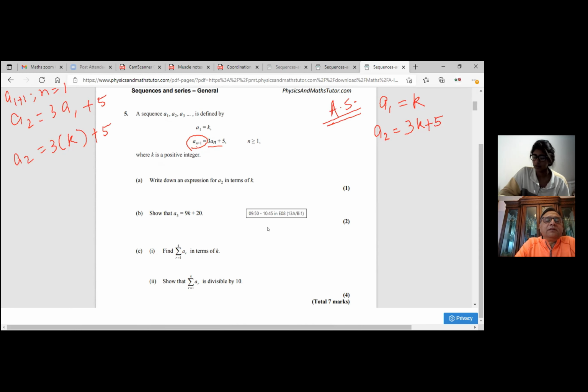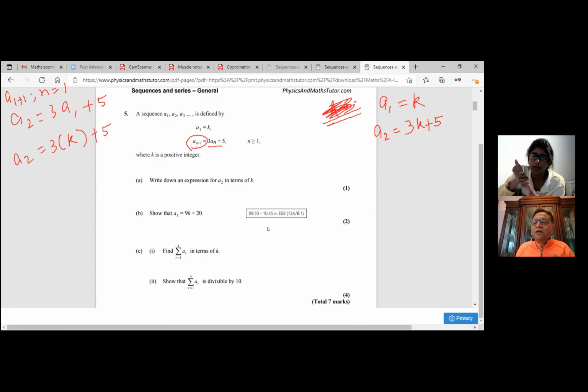Now let's do the next one. No, you are multiplying the previous term by 3. Sorry, an is changing. You're multiplying the existing term, so this will be geometric. If it is based on what exists, it is exponential and geometric.